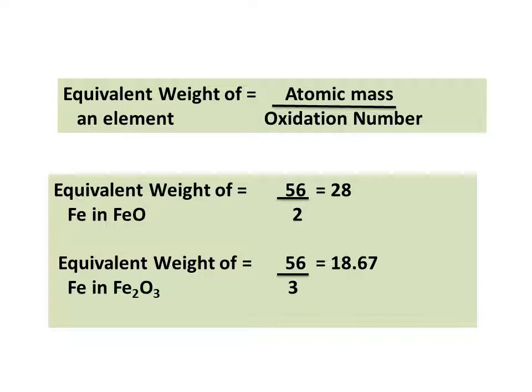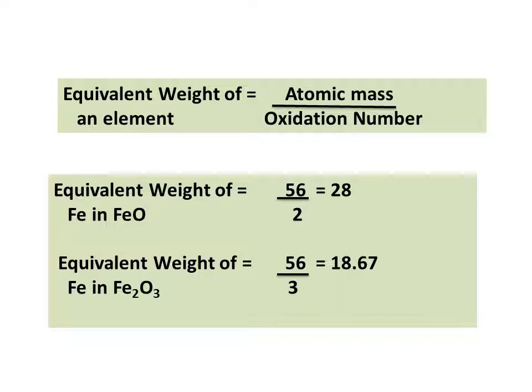Another factor that affects equivalent weight is oxidation number. So equivalent weight varies according to oxidation number. We can see an example of iron. It has two oxidation states, one is +2, one is +3. Let us find the equivalent weight of iron in FeO and in another of its compounds, another oxide, Fe2O3.